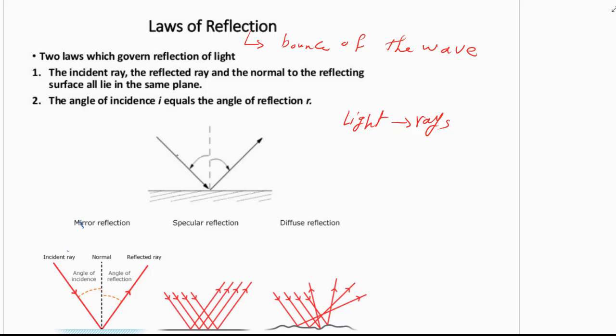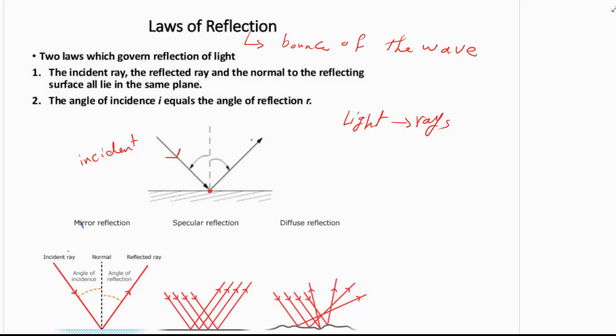As you can see here in this example, this is called the incident wave or incident light ray. And the light ray, of course we know this, moves in straight lines. So this light ray hits this surface at this point, then it reflects.